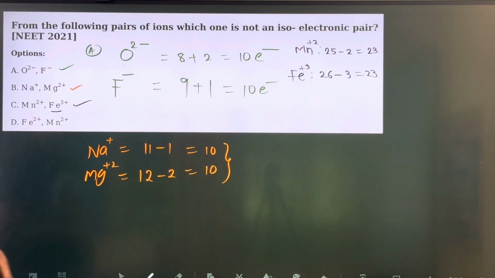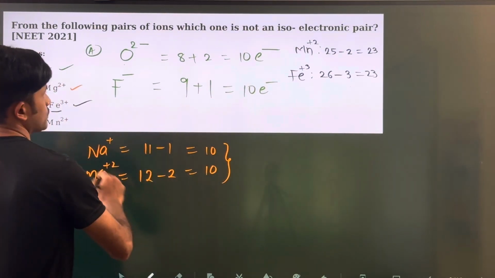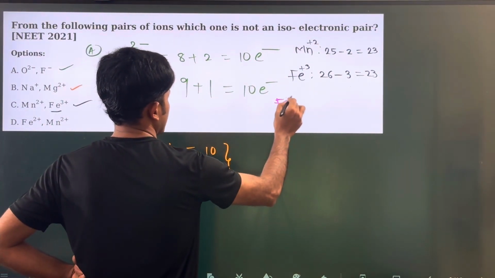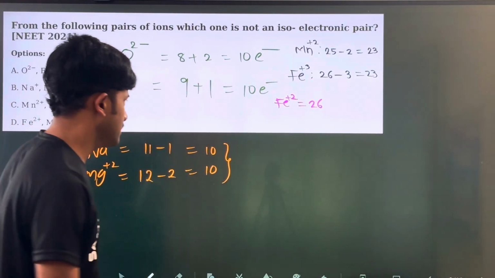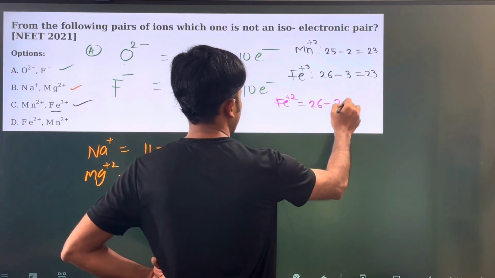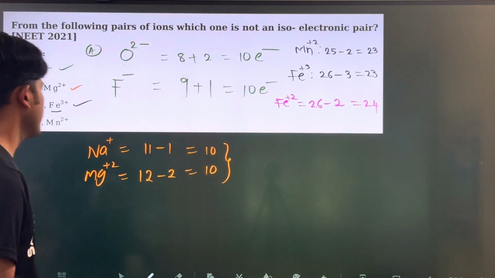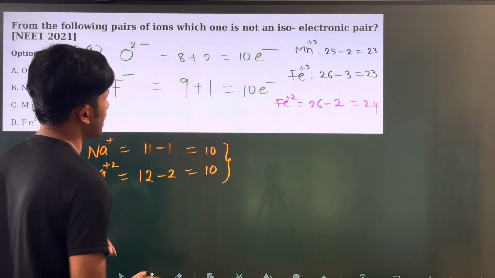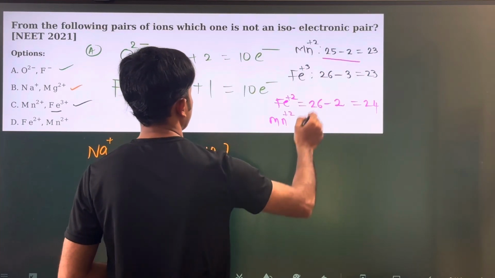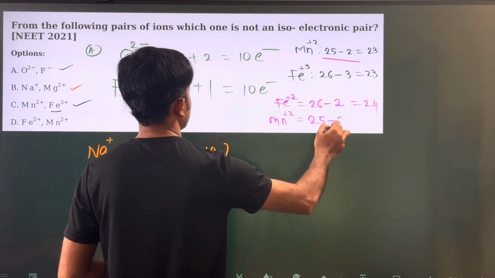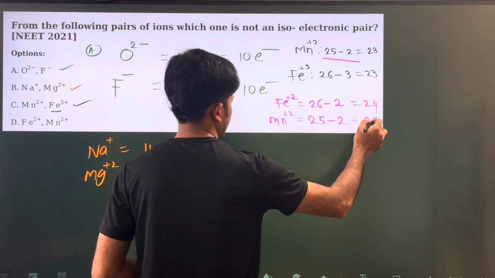The last one is Fe plus 2 and Mn plus 2. Let us see now. Fe plus 2: 26 is the atomic number of iron. Plus 2 means you have to remove 2 electrons, so 26 minus 2 is 24. The next one is manganese plus 2. Manganese atomic number is 25, so after losing 2 electrons the number becomes 23.